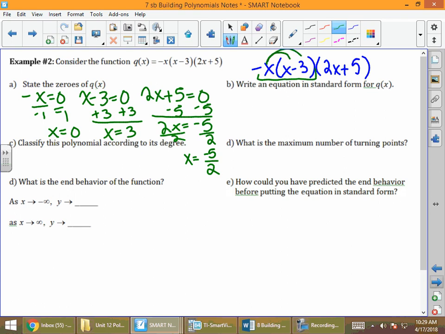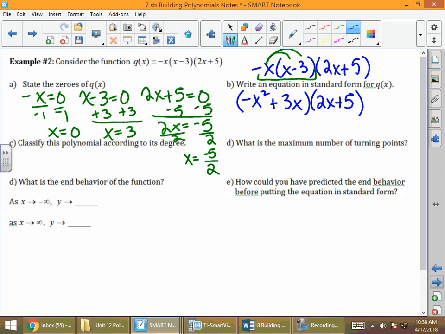-x times x is -x squared. Negative x times negative 3 is positive 3x. And then we're going to multiply by 2x plus 5. And that's going to be our FOIL process, or our double distributive property.